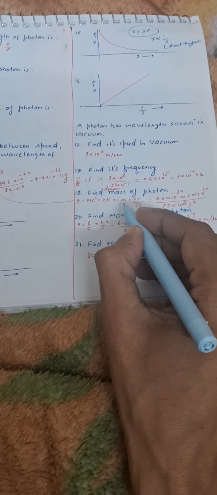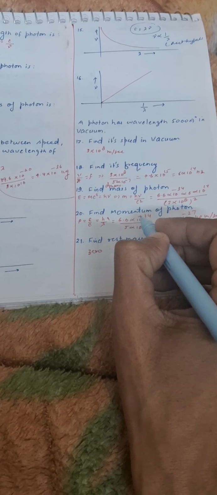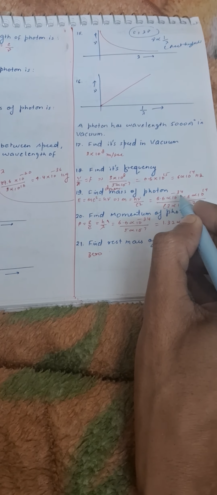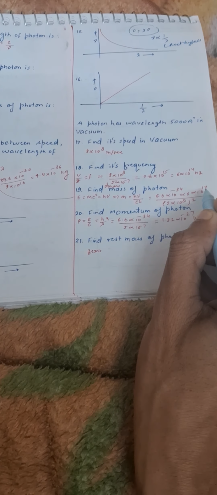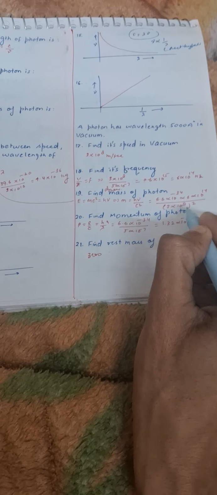Next question is find the mass of the photon. The mass can be found using mass energy equivalence, E is equal to mc square, which is h into nu. From here we can say that m is equal to h nu by c square. h here is 6.6 into 10 to the power minus 34, nu is 6 into 10 to the power 14, and c is 3 into 10 to the power 8.